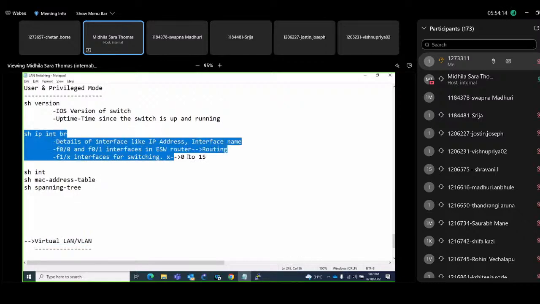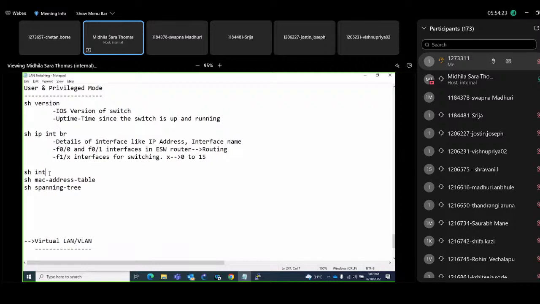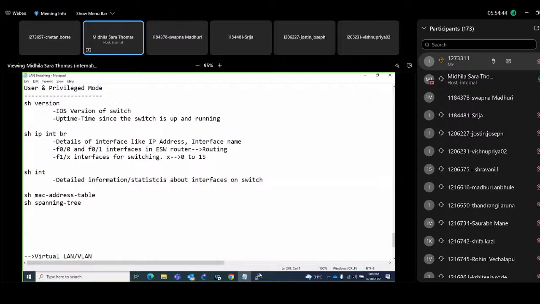So is this clear? Is it a yes by everyone? Okay, guys, this you know, right? If you want to see the detailed information or statistics about the interfaces on a switch, like the burned-in address, MAC address, all those things.